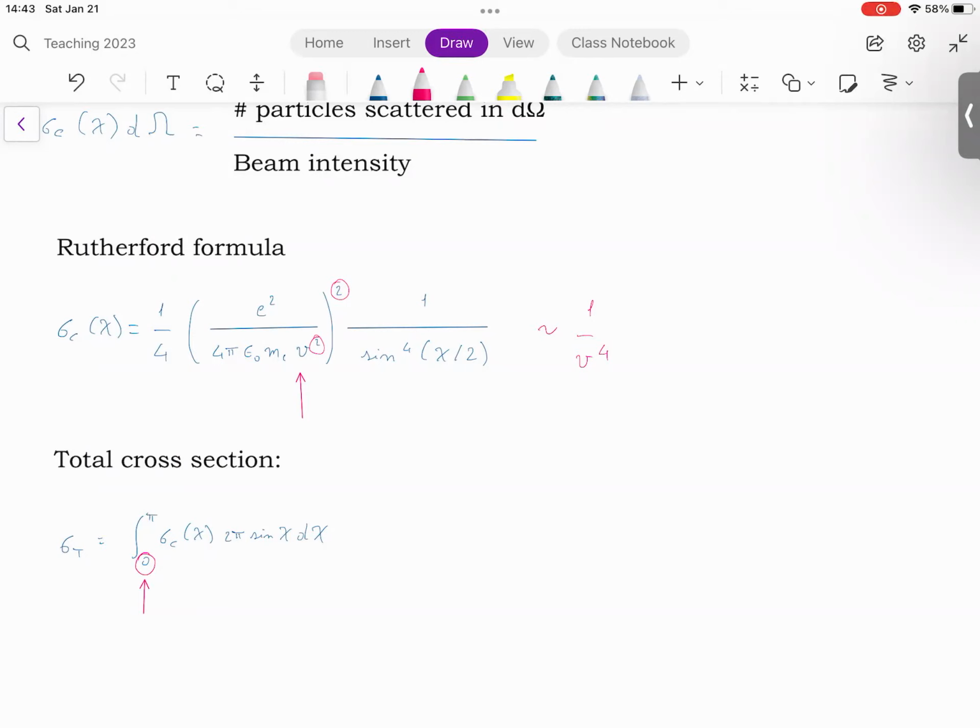So I'll just leave that as a little hand wavy explanation of the fact that the lower limit is not actually 0, but some number that's finite, so larger than 0.